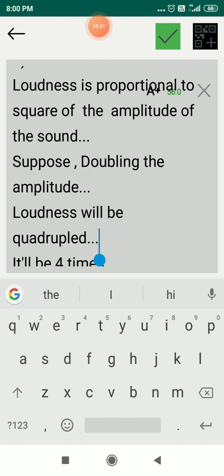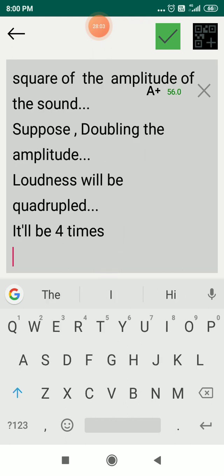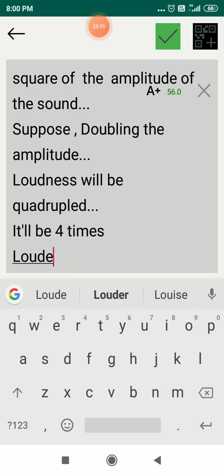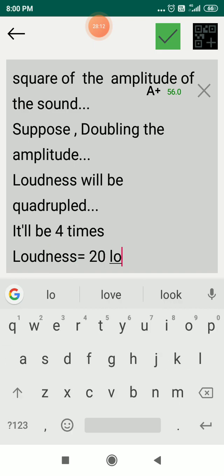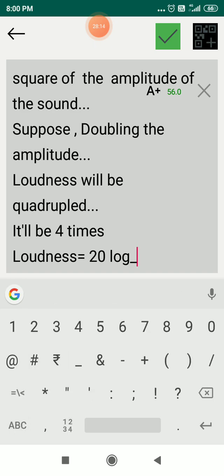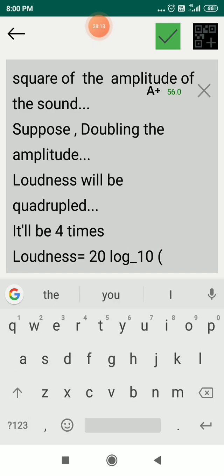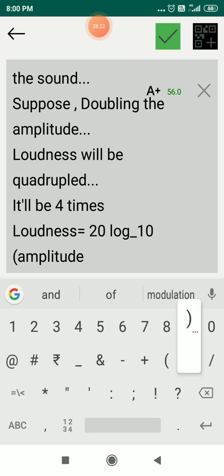That is the logarithmic relation: loudness equals 20 log base 10 of amplitude. That's it.